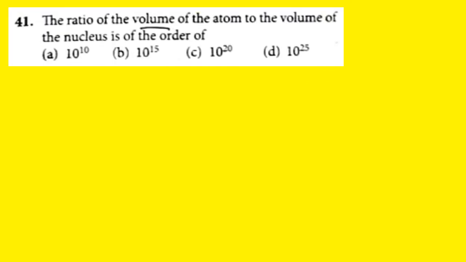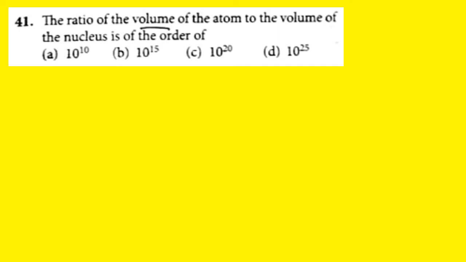Now question number 41. The ratio of the volume of atom to the volume of the nucleus is in the order of. So the radius is given. You need to use the formula for volume and find the volume. Then you just divide. That's it, very easy.